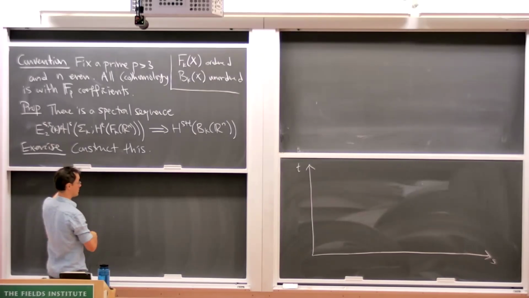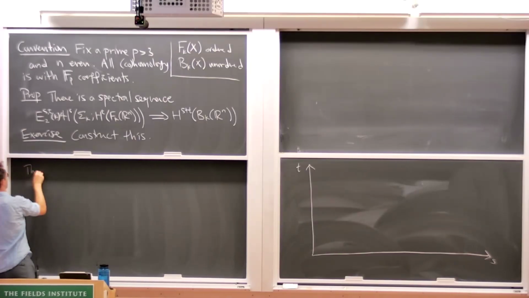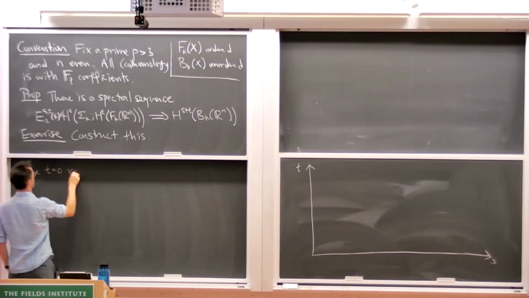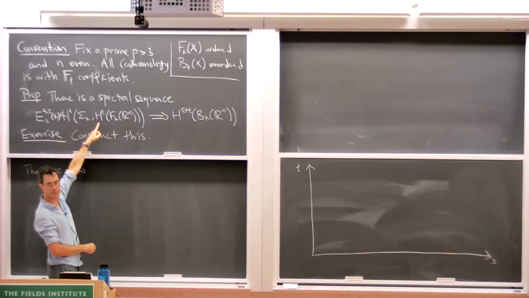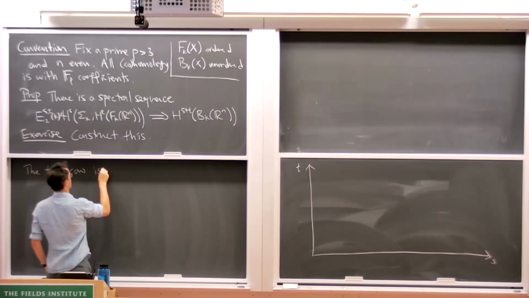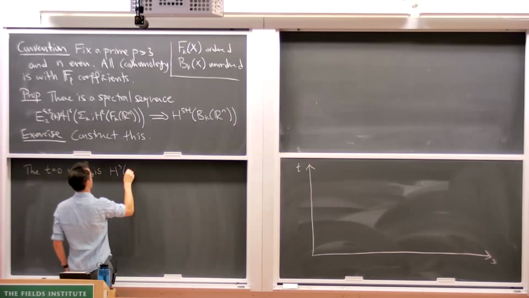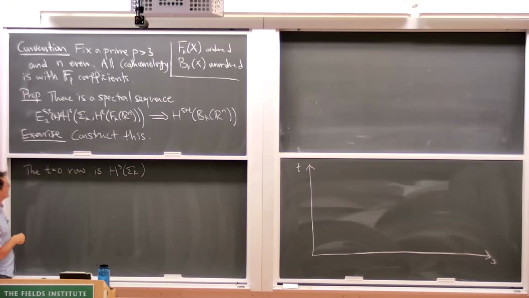So what do we know? We know that the T equals 0 row, if we look here, T equals 0 is H0, which is just the ground field, trivial representation. And so we get the cohomology of the symmetric group, which we're going to just treat as a black box. So it's the group cohomology of the symmetric group, aka cohomology of the classifying space, which is something that Nakaoka tells us.